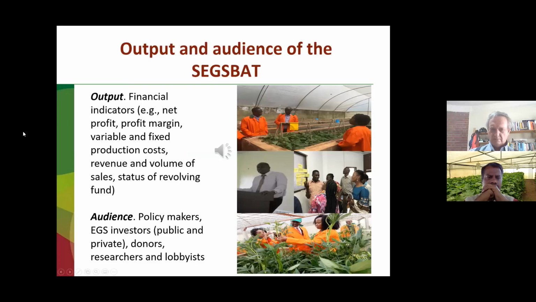As I said, the tool is used for analyzing the financial performance of early generation seed business, and there are interconnections between different financial indicators. The first thing, we try to measure the production cost. That includes both fixed and variable cost. And once you identify accurate production cost, you should be able to fix a profit margin.